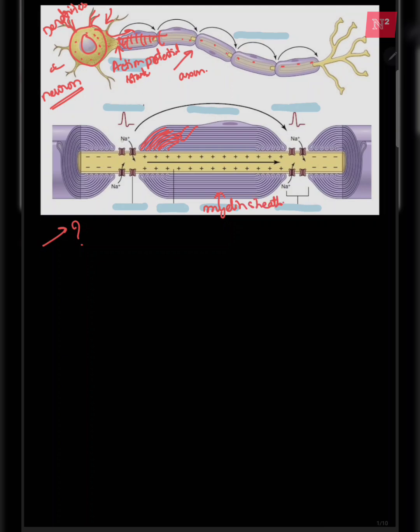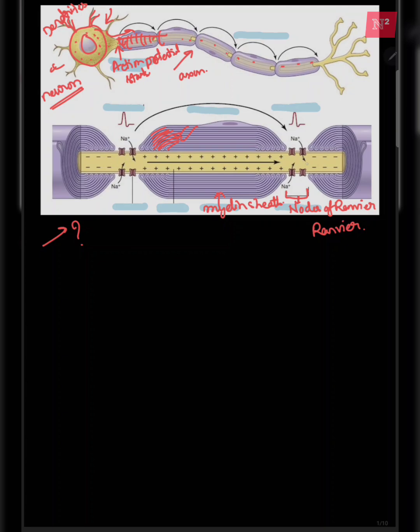Now you can see there are some areas in the axon where there is no myelin sheath present. Okay, so these areas having no myelin sheath are called nodes of Ranvier. R-A-N-V-I-E-R. Okay, Ranvier.